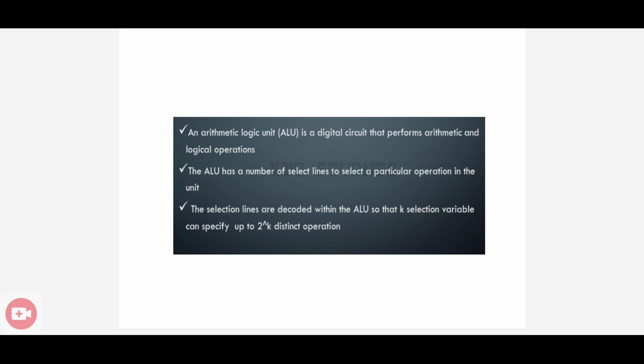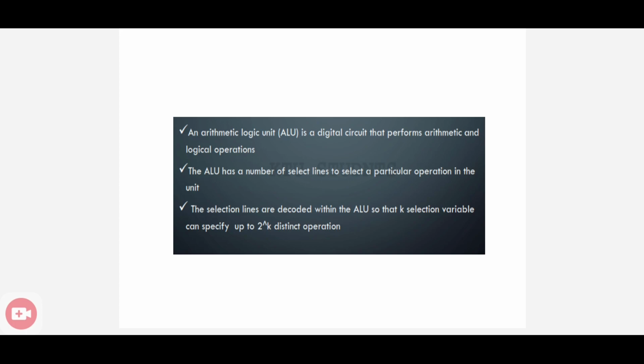So if ALU has k selection lines, it can implement 2 raised to k distinct operations. K number of selection lines ALU ഉണ്ടെങ്കിൽ ആ ALU വെച്ച് നമുക്ക് 2 raised to k distinct operationsനെ implement ചെയ്യാം.